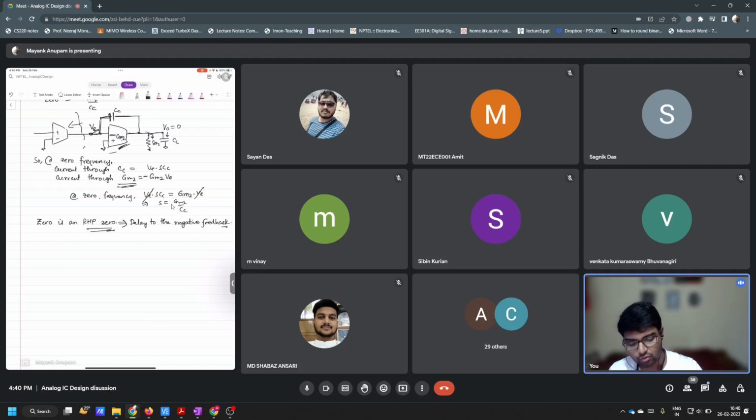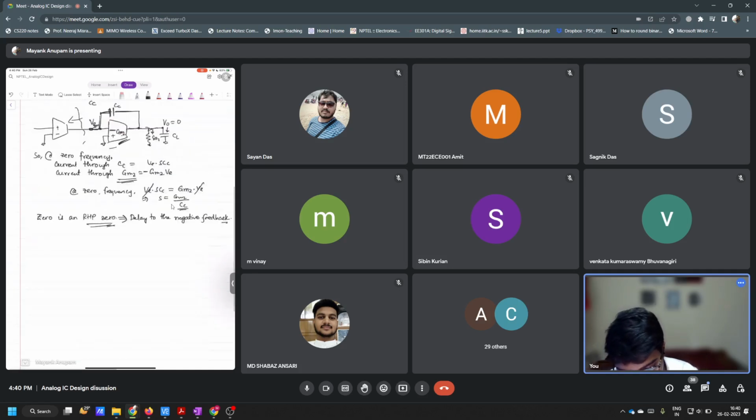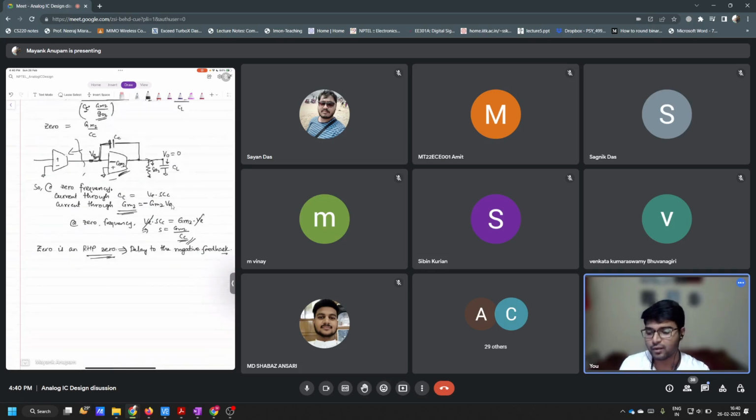How do we cancel this zero? So one way that one of you told me is to simply increase the gm2. That is true. If you make gm2 very large, and this goes much beyond omega u loop and P2, then you do not have any problem. Fine. But a lot of times that is not desirable, simply because this gm2 will be implemented by using some transistors.